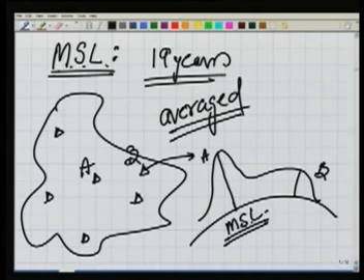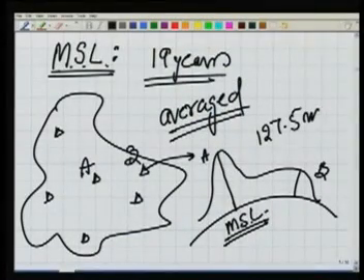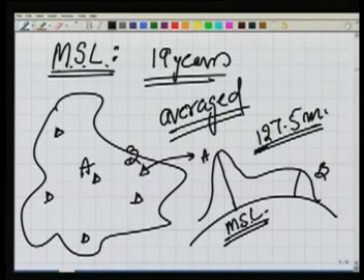If you are going anywhere, you will find several points in your locality which have been established from the mean sea level. Particularly if you are traveling by train, at railway stations they write that this particular railway station is higher by 127.5 meter, for example, from mean sea level. So you know now what is the meaning of this.